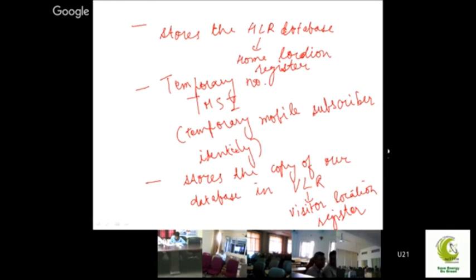Otherwise, if I haven't been allotted any TMSI number, I can't make use of my network. It will be of no use to me. So the TMSI is allotted such that the user has to face no problems in case of roaming.